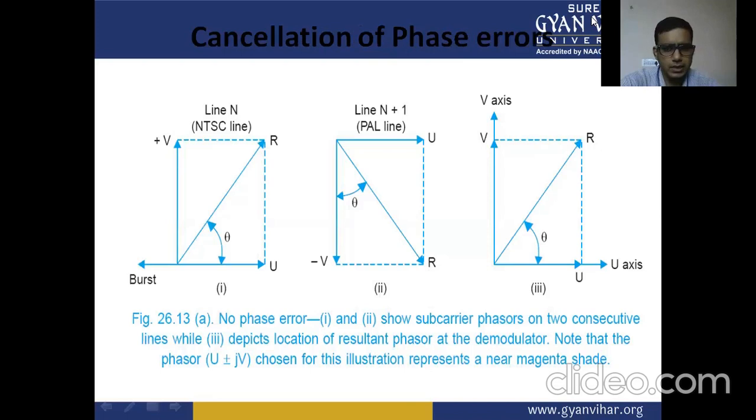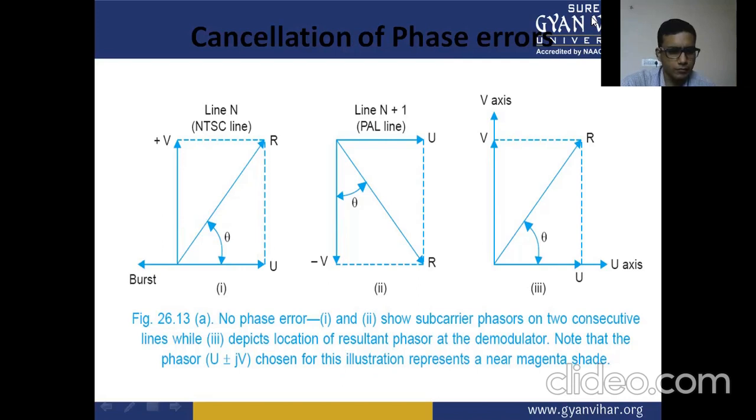Cancellation of the phase errors. In the case of cancellation of the phase error, this is the phasor diagram. First is the no phase error. Second shows the subcarrier phasor on two consecutive lines. Third depicts the location of the resultant phasors at the demodulators.